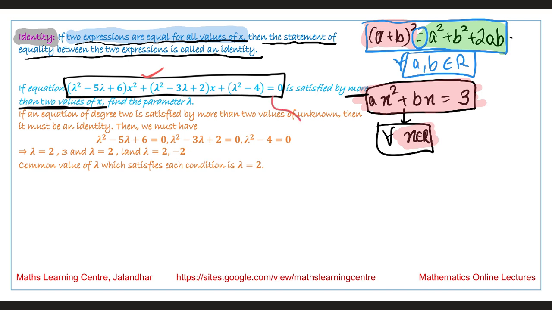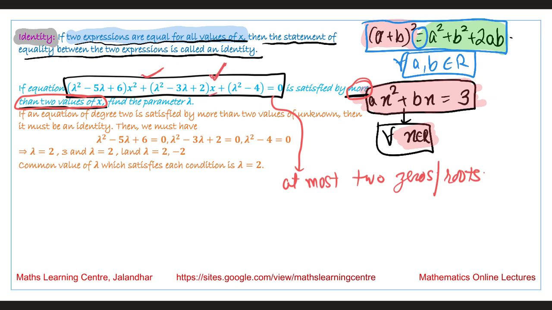If it is a quadratic equation, then it can have at most two roots, but it is being given that it has more than two values of x which satisfy this equation. So it means this is an identity, that is, it will be satisfied for all values of x.